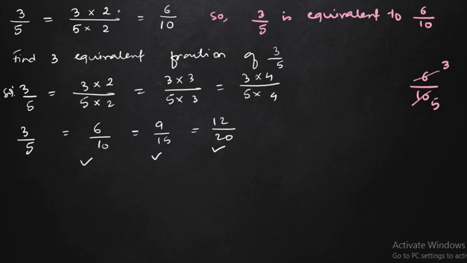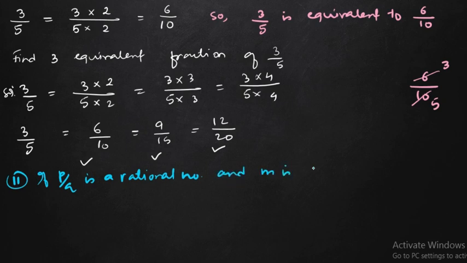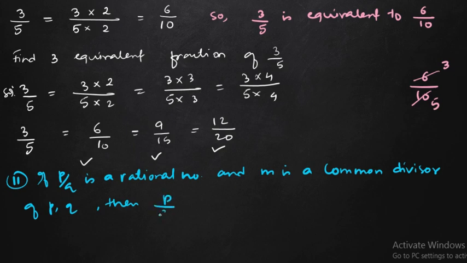Again, our second property is that if p by q is a rational number and m is a common divisor of p and q, then p by q can be converted to simplest form.